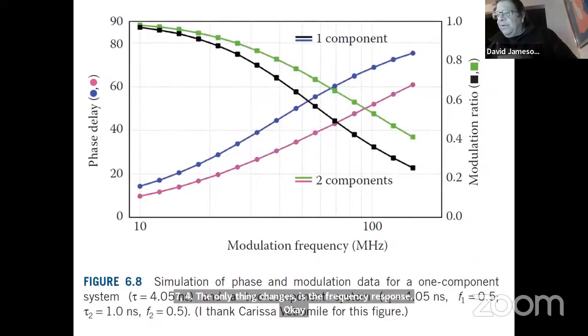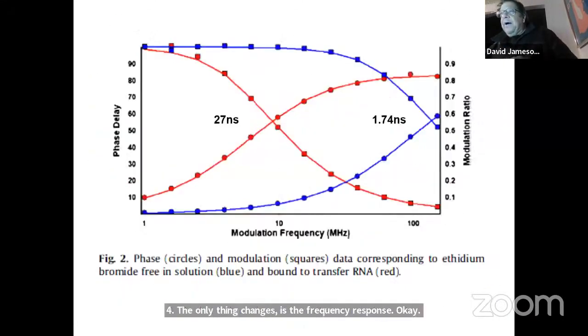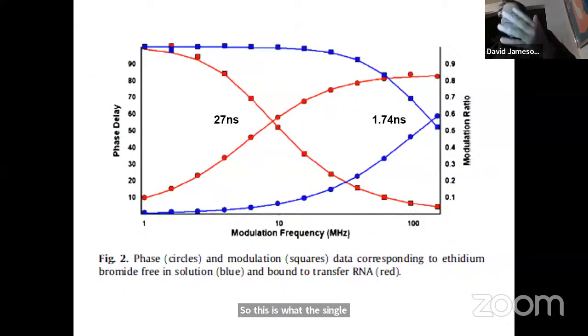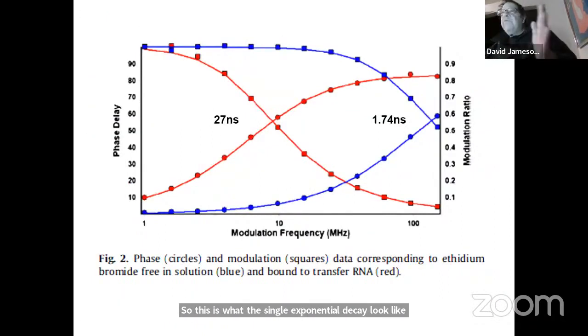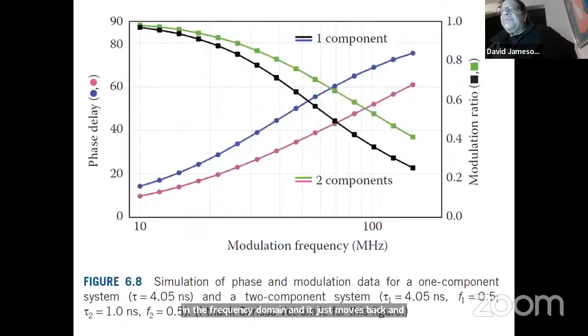So this is what the single exponential decay looks like in the frequency domain, and it just moves back and forth along lower or higher light modulation frequencies. What if you have more than one component?